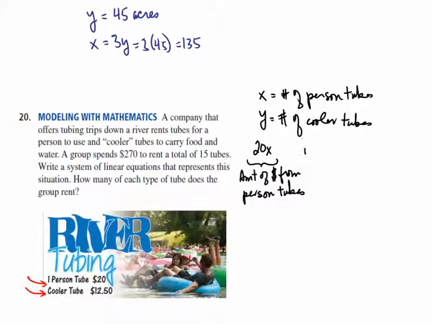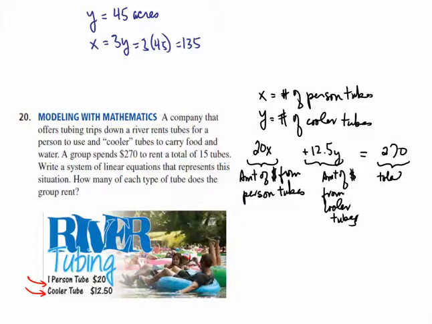And second we have 12.50 times y. 12.50 times y gives us the amount of dollars from cooler tubes. And we know that the total amount of money spent was $270. And so that's one important equation.